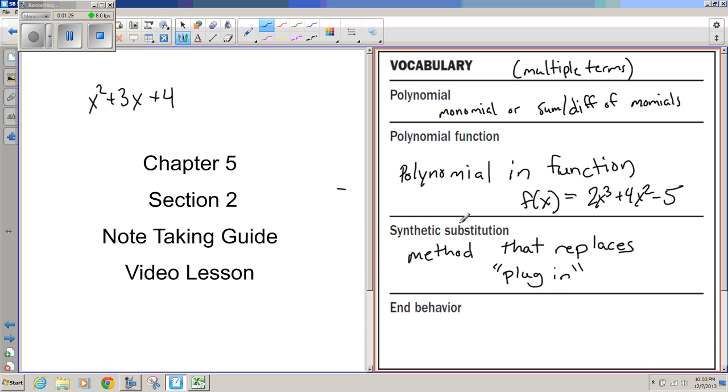Now, really what we're doing with synthetic substitution is, you're going to use synthetic division to find some zeros. It's the same process. All right, and behavior. There are real fancy ways of writing this. You can say x goes to positive infinity.